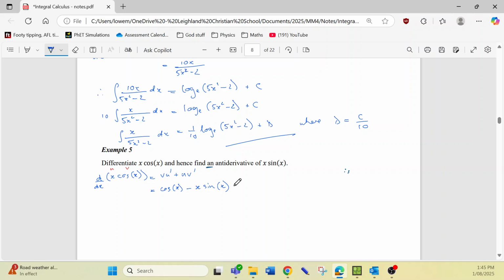Okay, so a little bit different, this one, because we can see we've got just an extra term. So it's not just simply a case of multiplying by a number or dividing by a number, but we're still going to start in the same way.